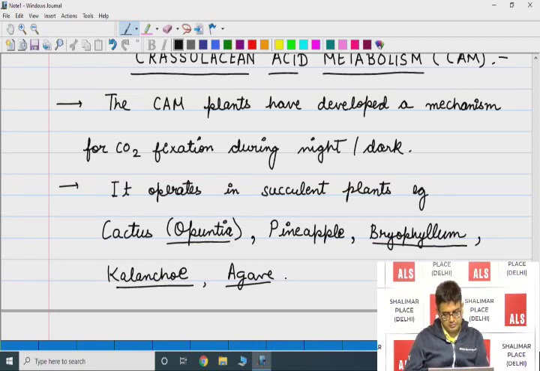Bryophyllum is done. Pineapple you know already, and orchid. Orchids also show this habit, etc.